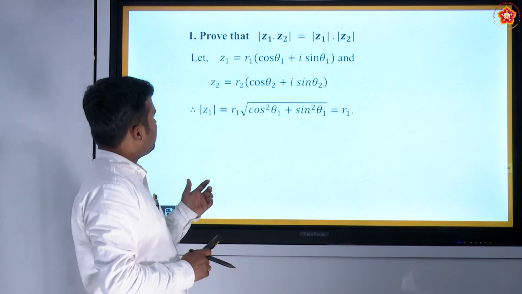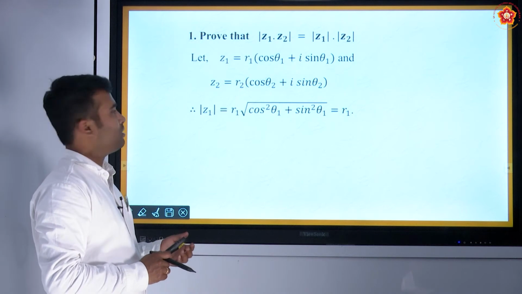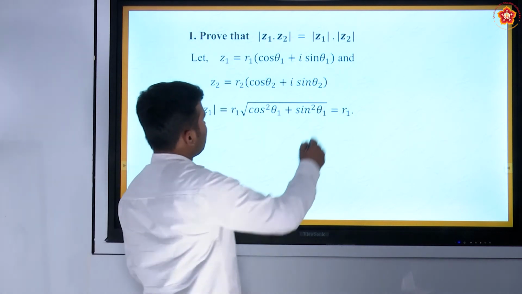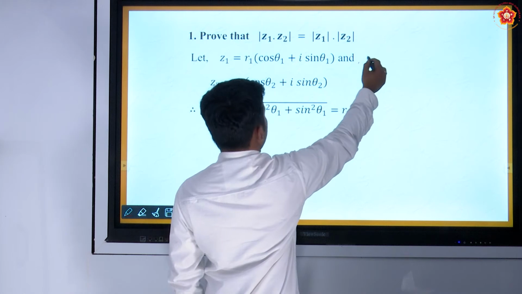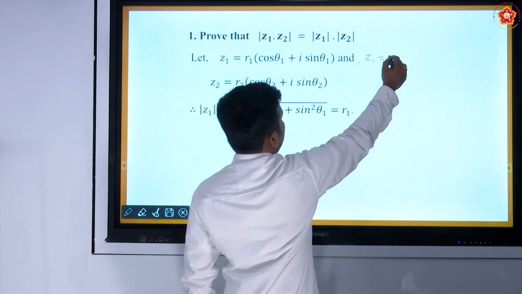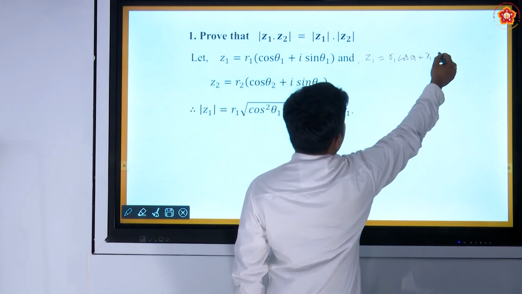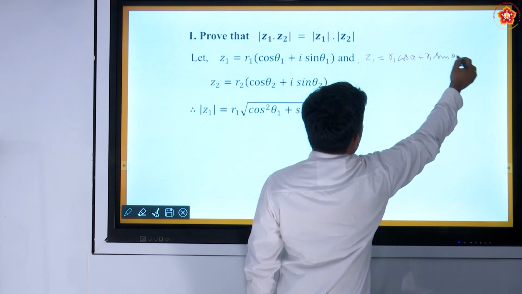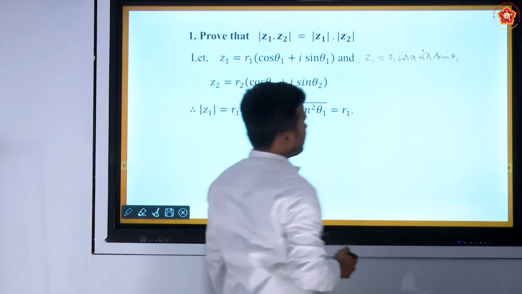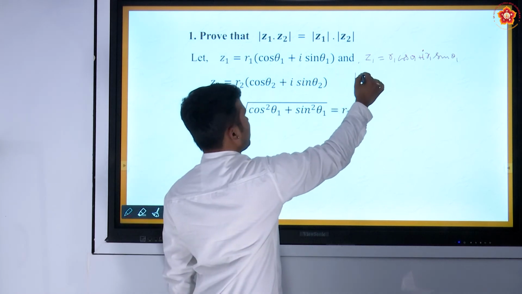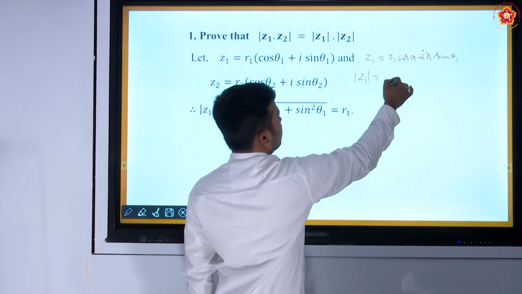Now we can find its modulus. So z1 can be written as r1 cos theta 1 plus r1 sin theta 1 i, because it's the imaginary part. So now we can find what is its modulus.